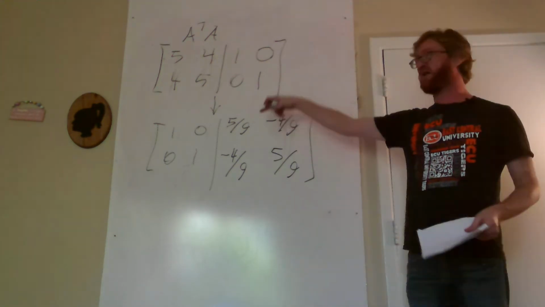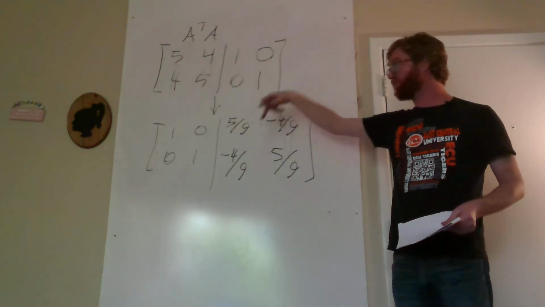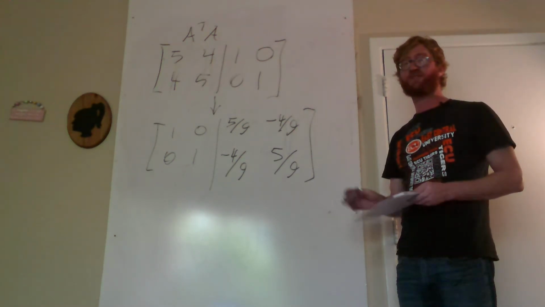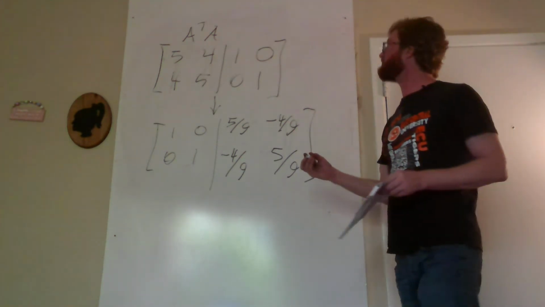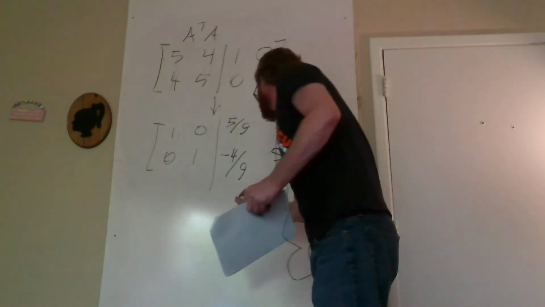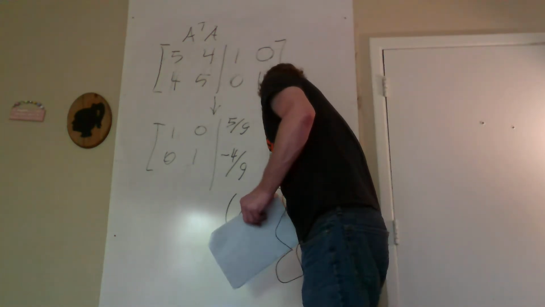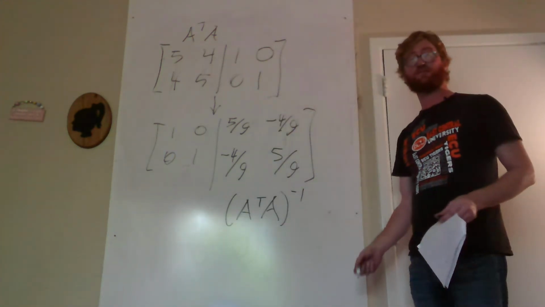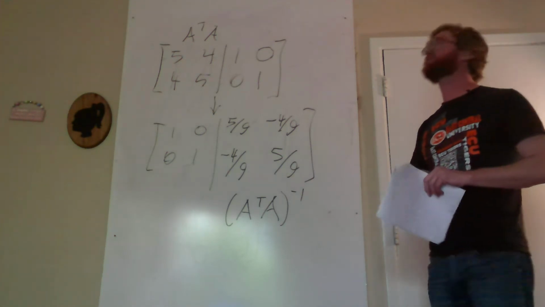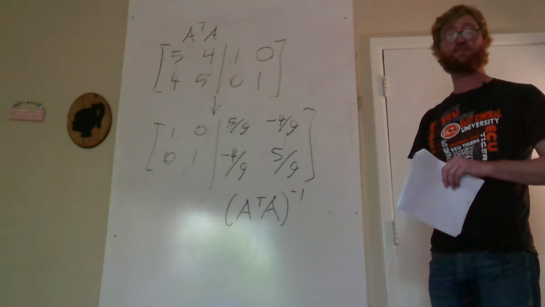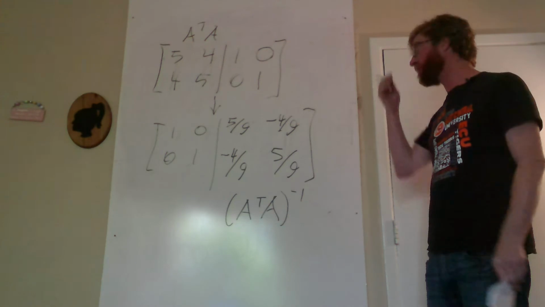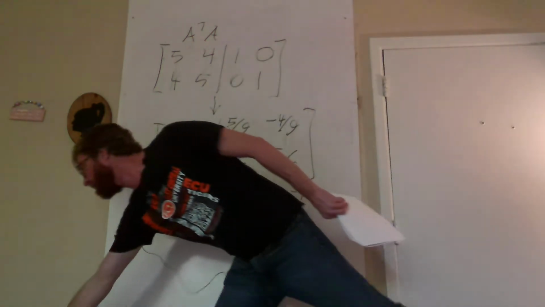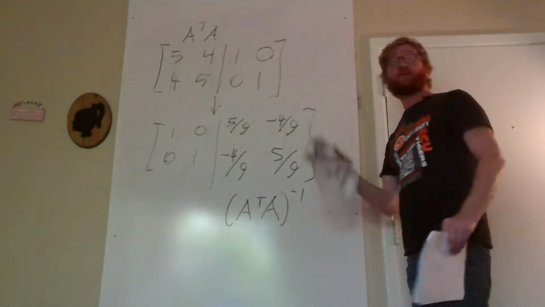So we have 5 over 9, negative 4 over 9, negative 4 over 9, and 5 over 9. What is it that we have right here? This is A transpose A inverse. So we found the inverse of A transpose A.